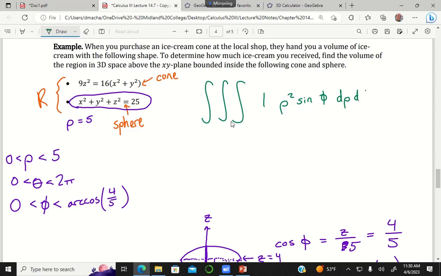But let me just try d rho, d phi, d theta. See if this works. So theta can go from 0 to 2 pi. Moving one step inside, phi can be anywhere from 0 to arc cosine of 4/5. And then on the innermost integral, rho is allowed to go from 0 to 5.